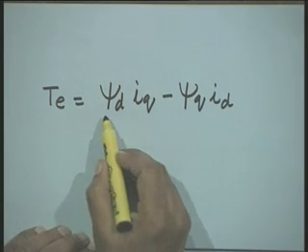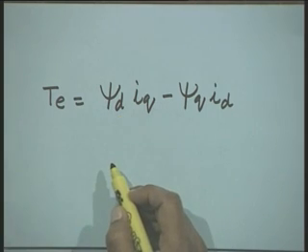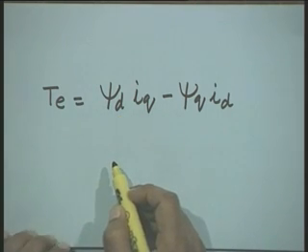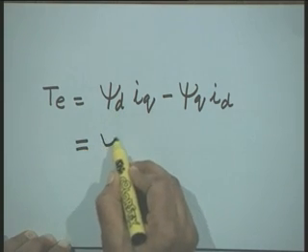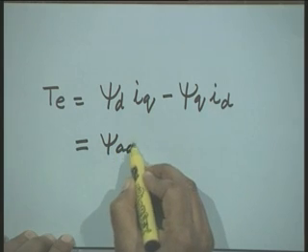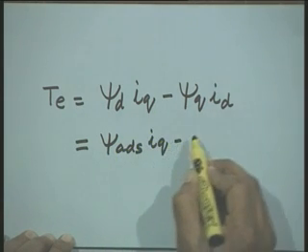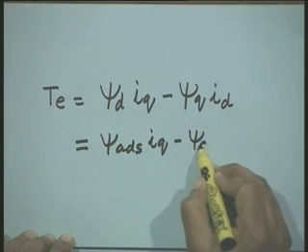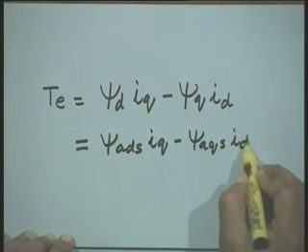Now, this psi d, if you consider the leakage inductance, then to obtain the expression for air gap torque, this psi d has to be replaced by psi AD S I q minus psi AQ S I d.